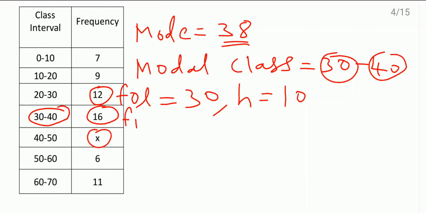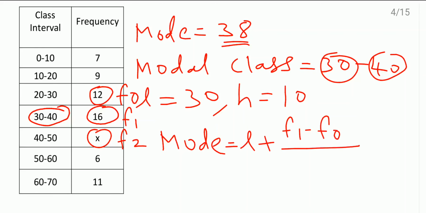And this frequency is F2. Correct? Now we have all the values here. We'll just write down the formula for mode. So here mode is equal to L plus F1 minus F0, over 2 times F1 minus F0 minus F2, into H.